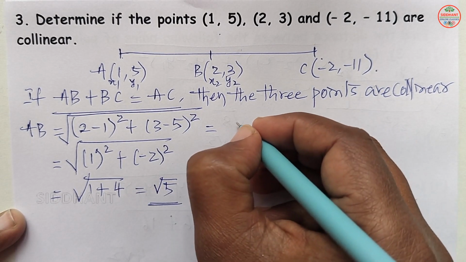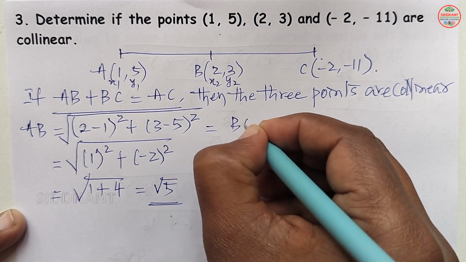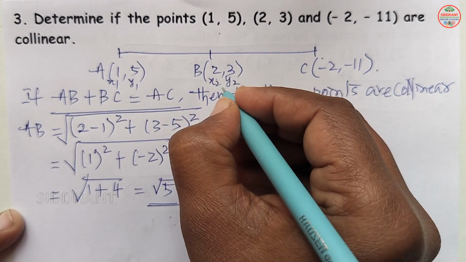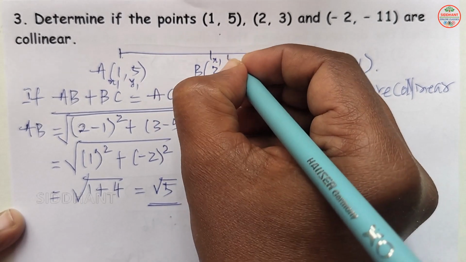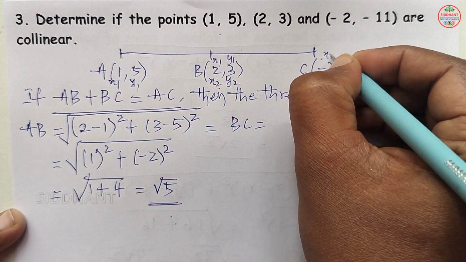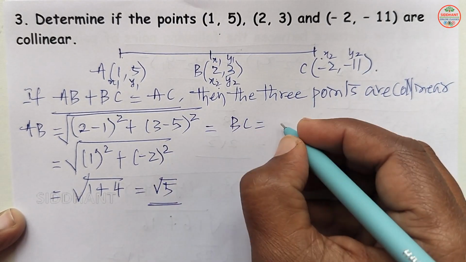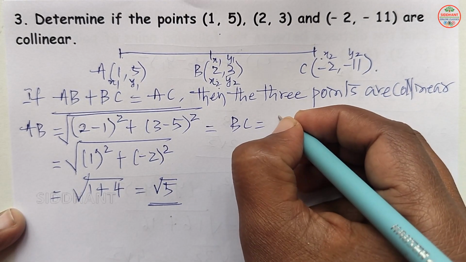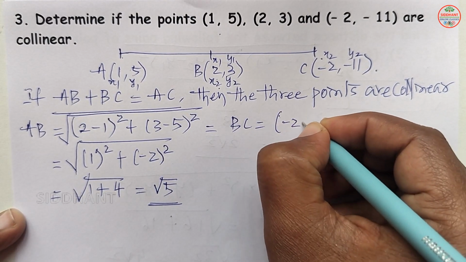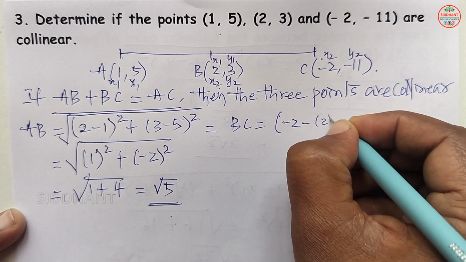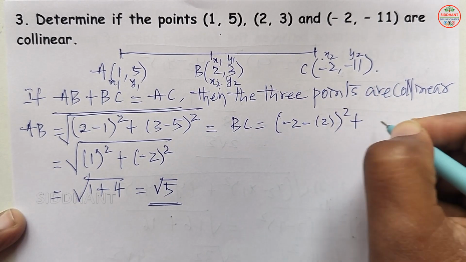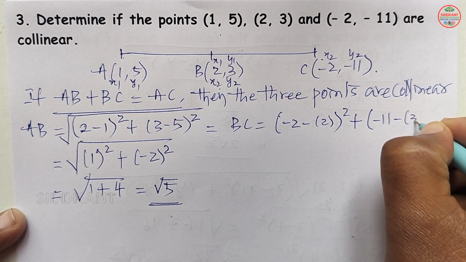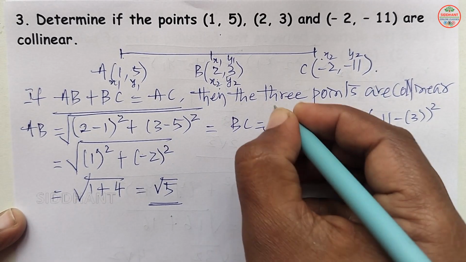Now we are going to find the BC distance. So BC is equal to, so this is x1, y1 now, and this will be x2, y2 now. So the distance between BC, x2 minus x1, that will be minus 2 minus 2, plus y2 minus y1, whole square.